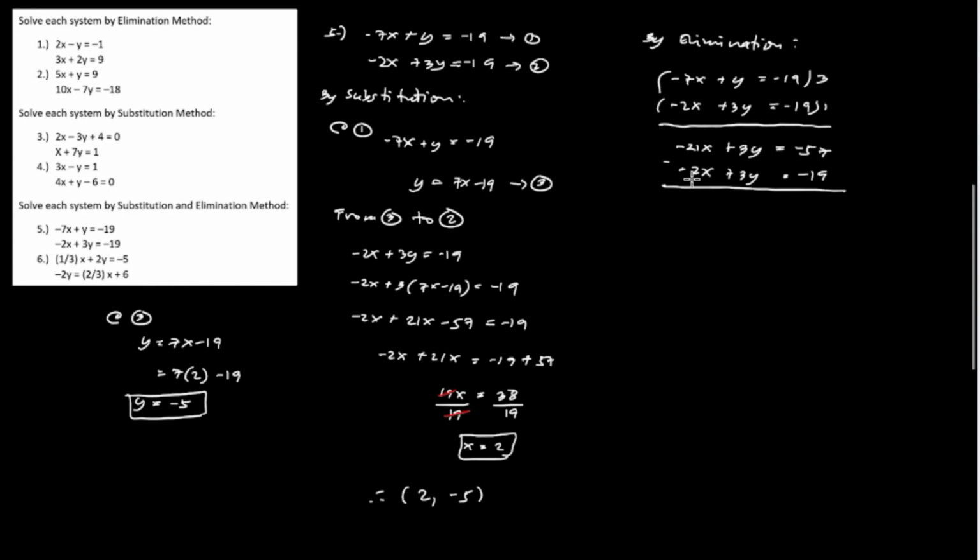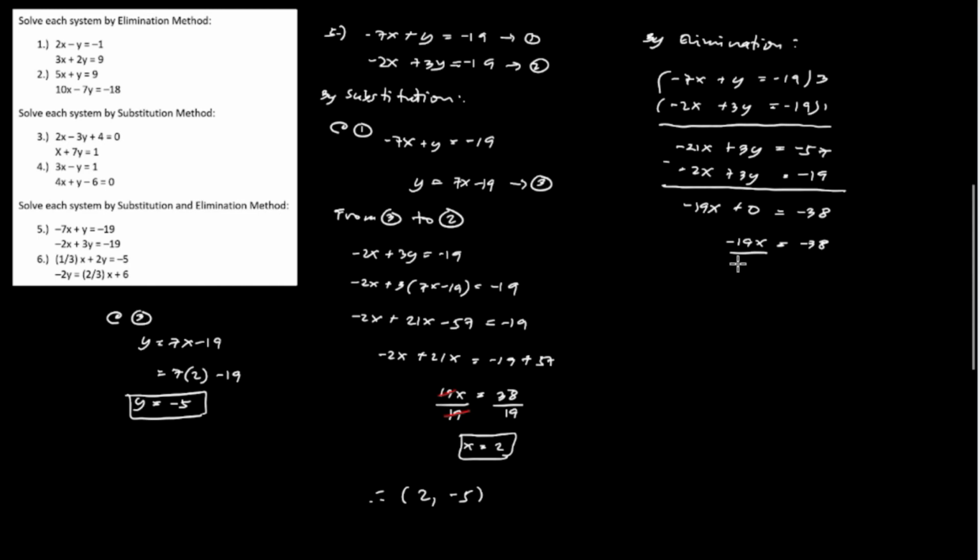Negative 21x minus negative 2x, or positive 2x. So negative 21 plus 2x is negative 19x. 3y minus positive 3y is 0. And it is equal to negative 57 minus negative 19, or negative 57 plus 19 is negative 38. So negative 19x is equal to negative 38.